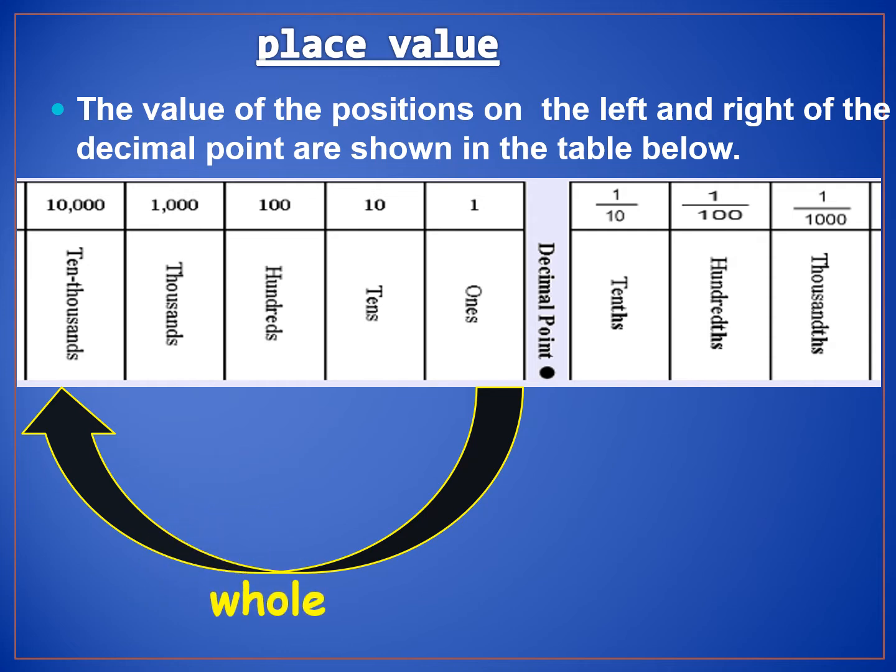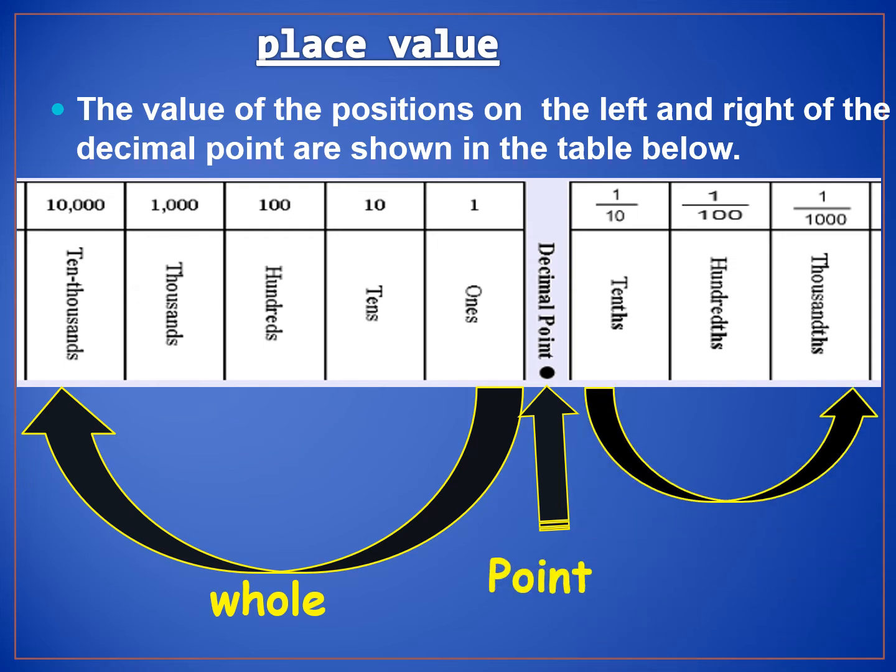What is on the right of the decimal point is called the decimal part, and what is exactly in the middle here is called the decimal point. Okay, and what is on the right is called what? As I said to you before, it's called the decimal part. Okay, guys, so again, the decimal point is in the middle, what is on the left of the decimal point will be the whole part, and what is on the right of the decimal point will be the decimal part of the decimal number. Okay, guys?